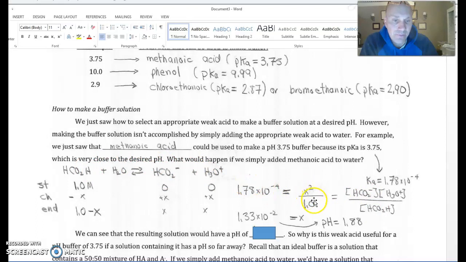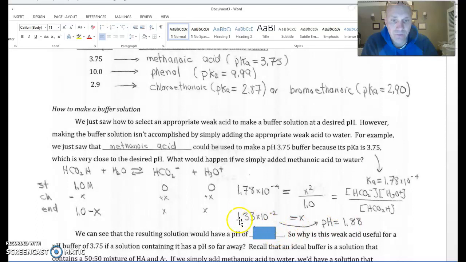Plugging in the values into that expression, we end up solving for x, and we know that x equals the concentration of H3O plus, and that's what we can use to get the pH, because the pH is nothing but the negative logarithm of the hydronium ion concentration. So we could calculate that the pH of the solution you would get simply by adding a certain amount of methanoic acid to water will give a pH of 1.88.